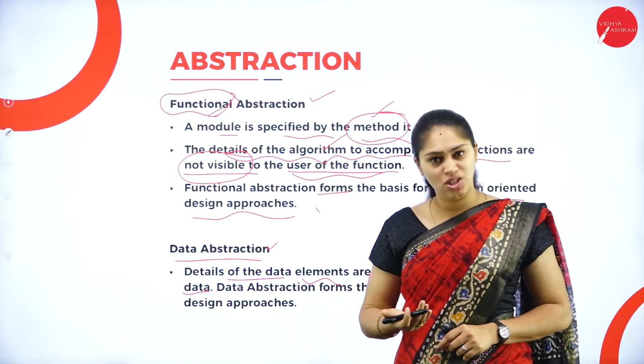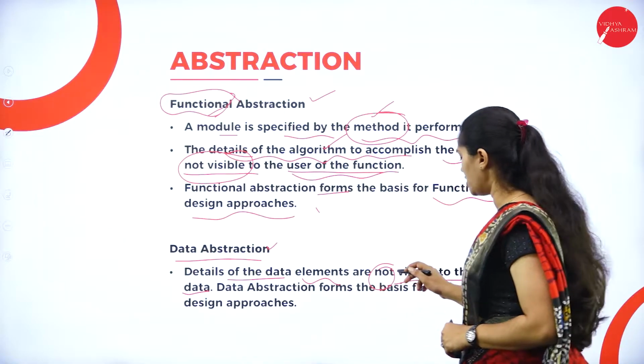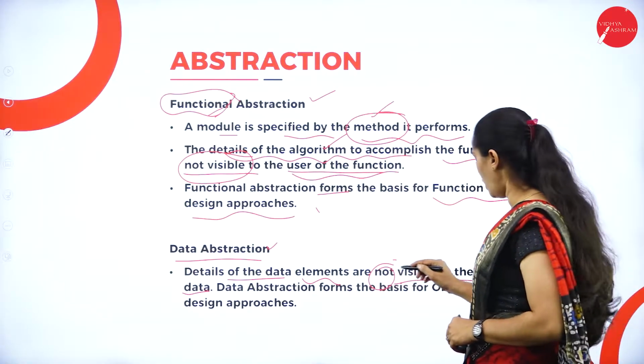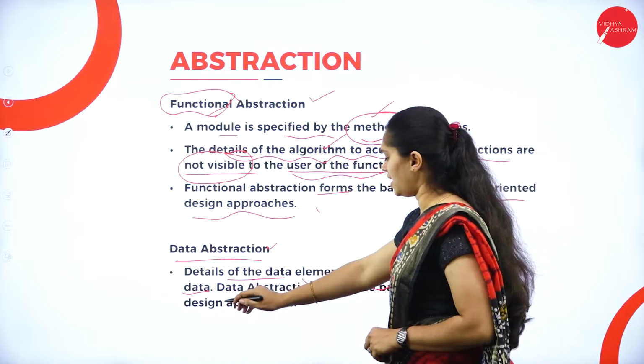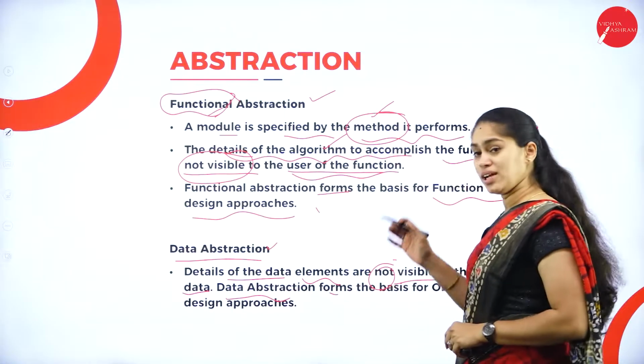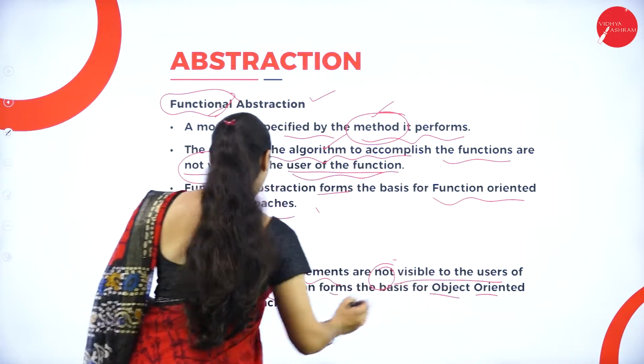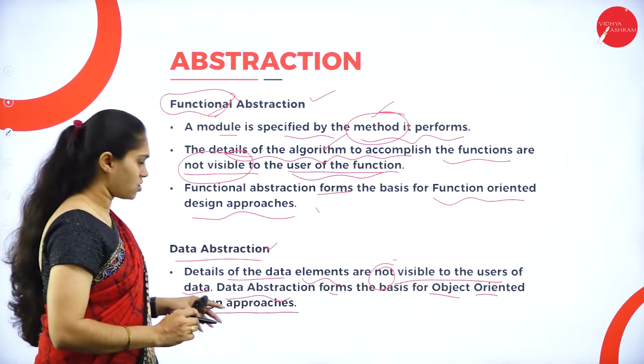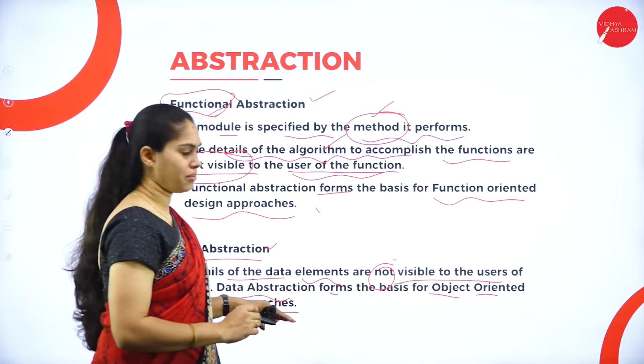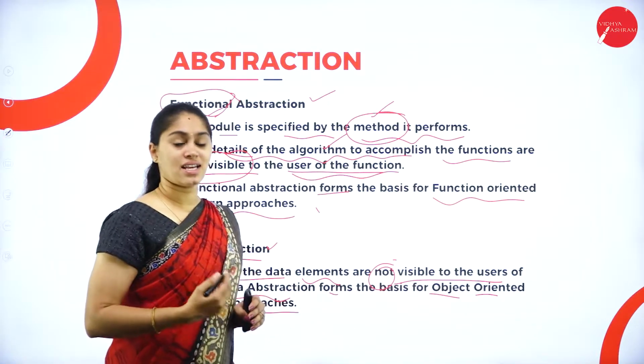It will not be showcased to the user. Everything is hidden, or not visible to the user of that data, and data abstraction forms the basis for the object oriented design approach, that is OOD.